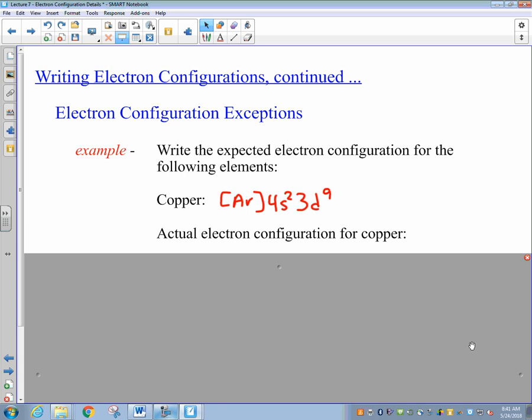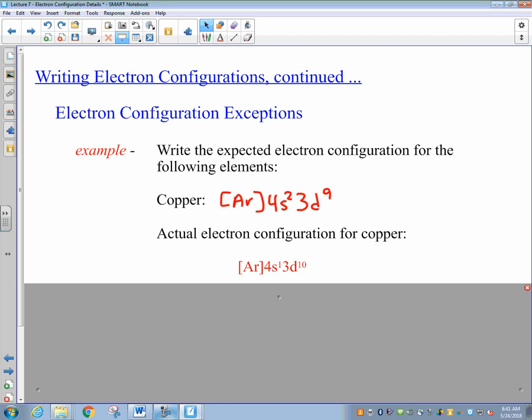And listed right there on your table, it says argon 3d10 4s1. Now, the first thing I want you to notice here, guys, is that your periodic tables write these electron configurations out of Aufbau order.